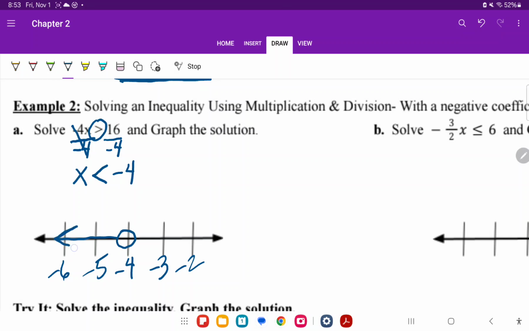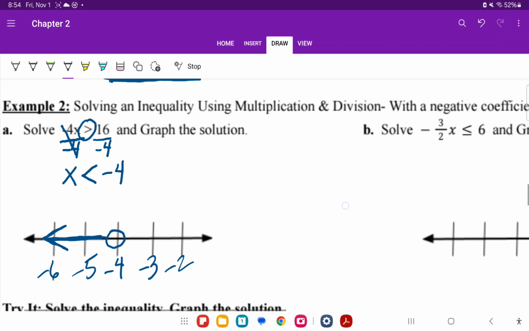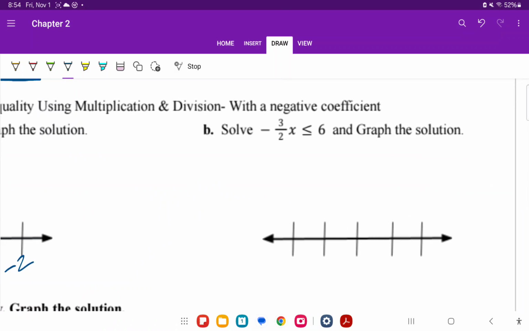Going to the left. Okay. So when you divide or multiply by a negative, it reverses the direction of the inequality. So good job, Amaya.